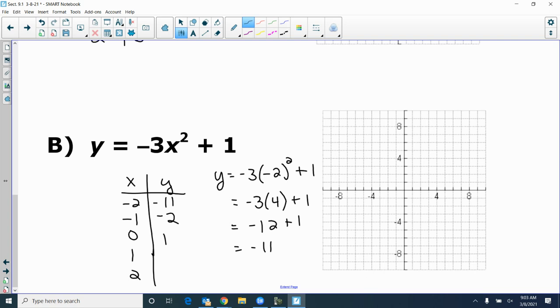Now if you haven't already done so, plug in 1 and plug in 2 and see what you get, because your calculator is absolutely fine. And don't plot the points yet. If you haven't plotted the points, just wait.